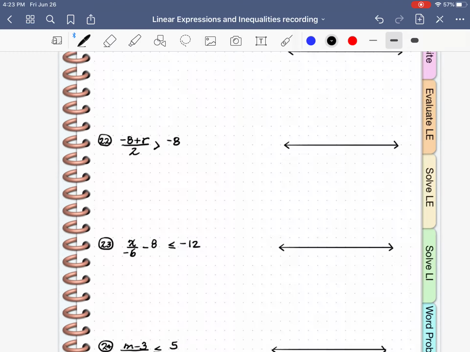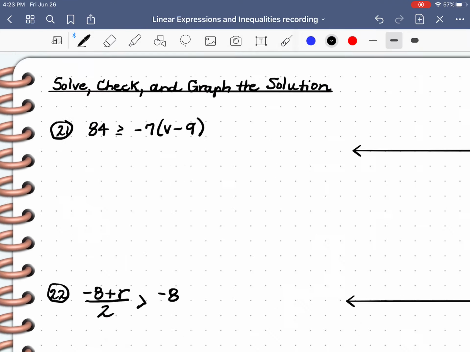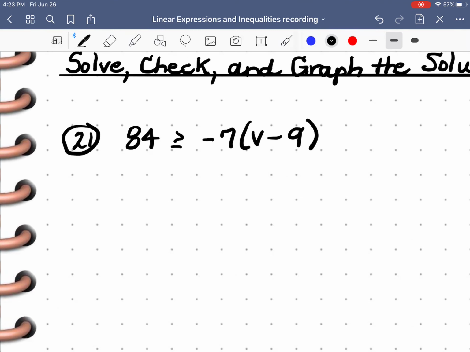So number 21, this one has parentheses. And of course we need to deal with those first. So let's distribute the -7 to both terms here. So I have a -7v, and this question, a very good question, came up in class.